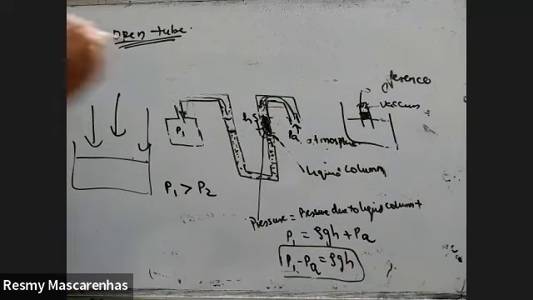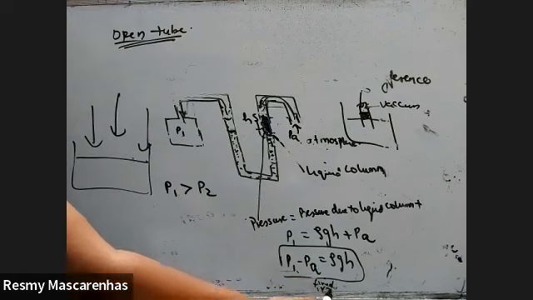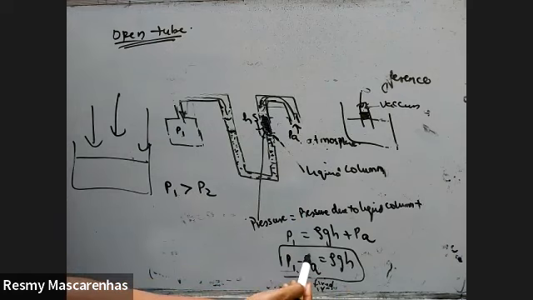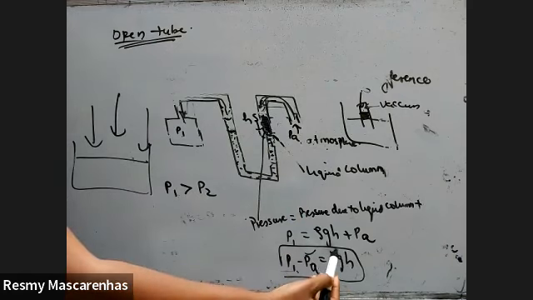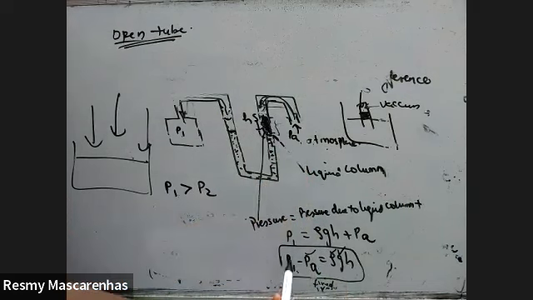And what is going to happen? This atmospheric pressure will be fixed, that is 1.01 into 10 raised to 5. This is fixed. Density is also fixed. Gravity is also fixed. Only if you know the height, then you know what the pressure inside this is. So it can be used as a pressure meter.